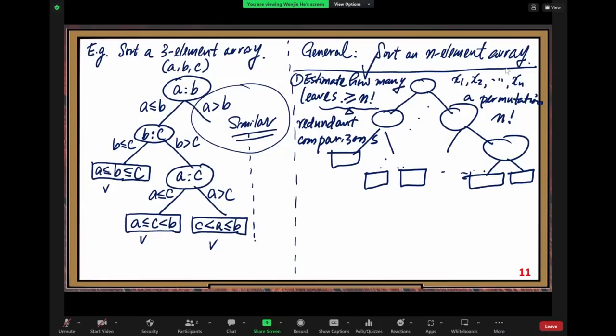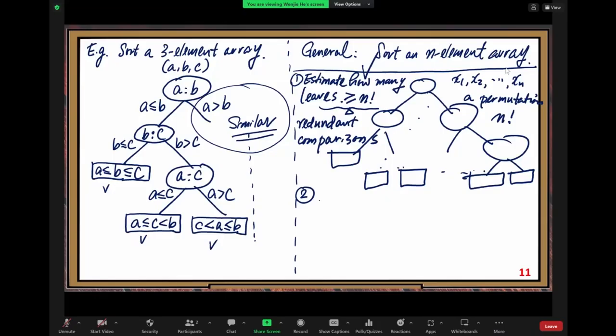So that's one. The next important property we observe is the worst case. Because when we estimate the lower bound, we should look at the worst case efficiency, right?